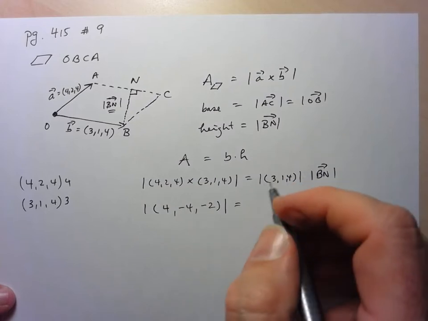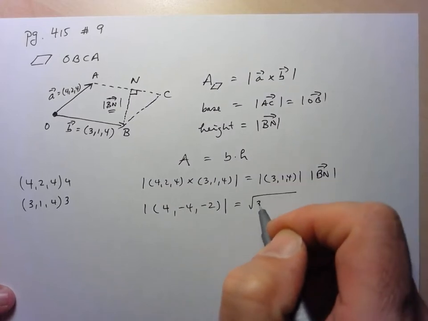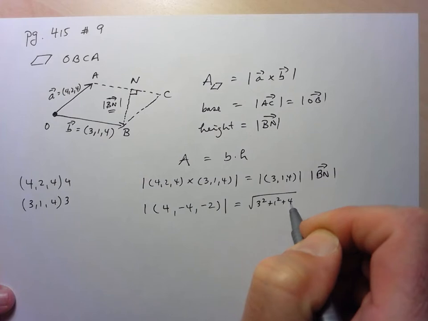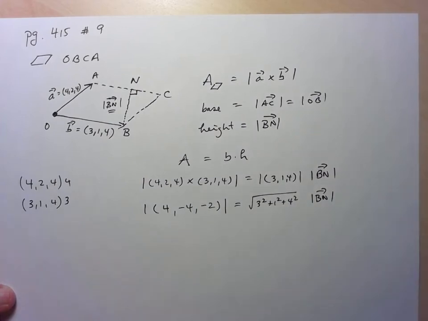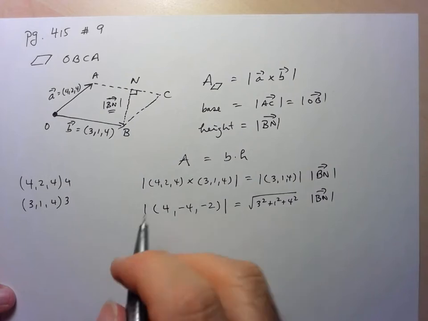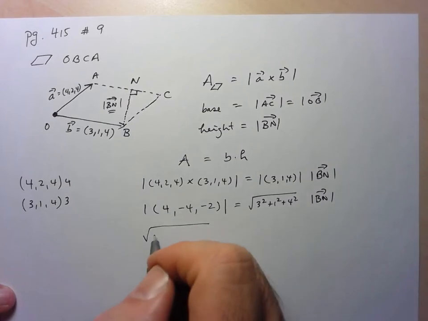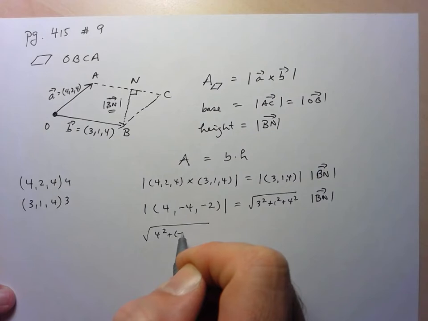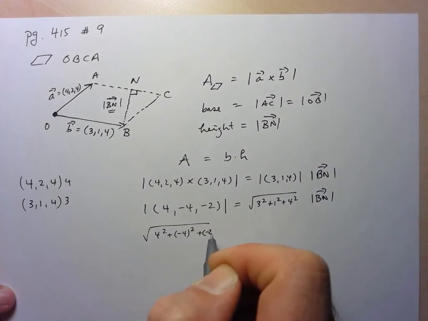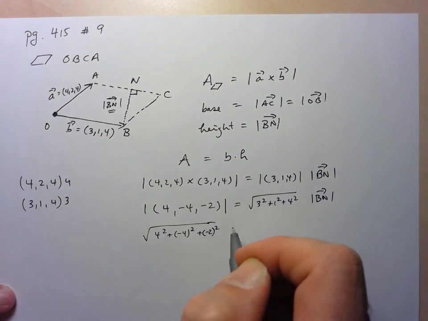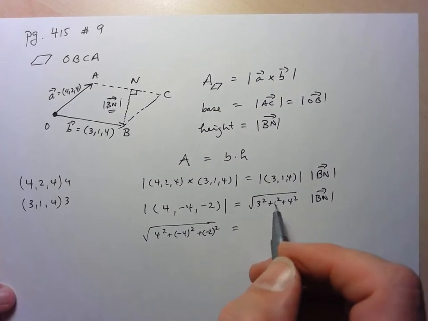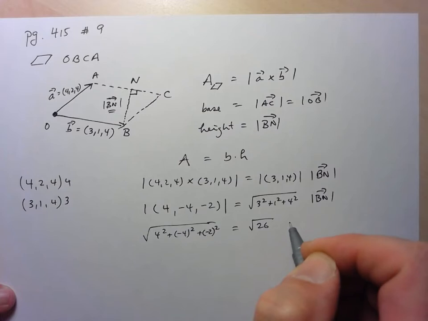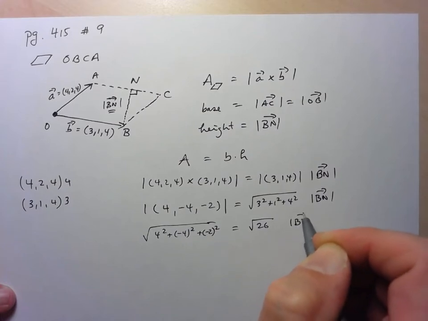Here this is just going to be the magnitude, so square root of 3 squared plus 1 squared plus 4 squared. This is just my variable that I'm looking for. So here what do we have? We have the square root of 4 squared plus negative 4 squared plus negative 2 squared. Here we have 16 plus 9 is 25, 26, so root 26 times magnitude of BN.